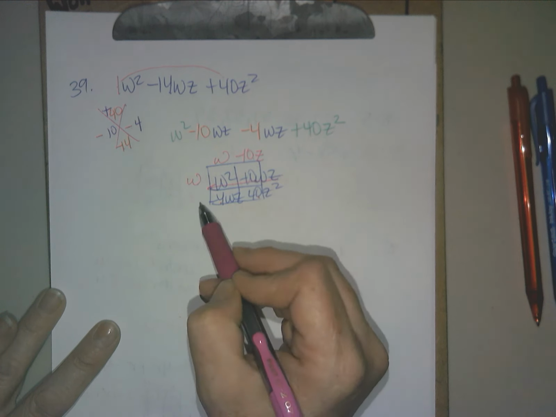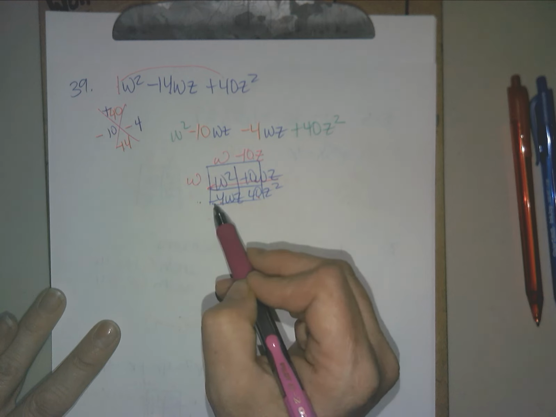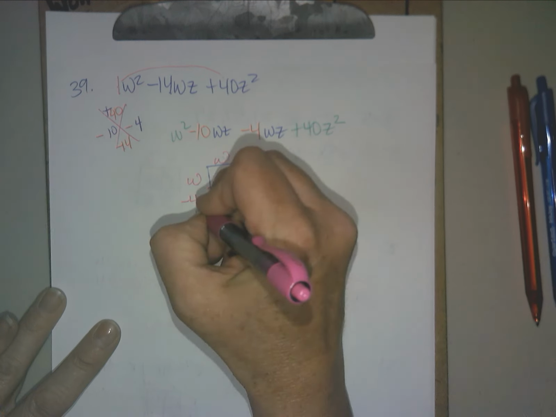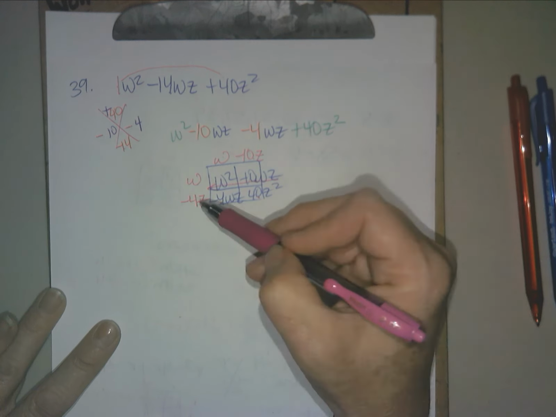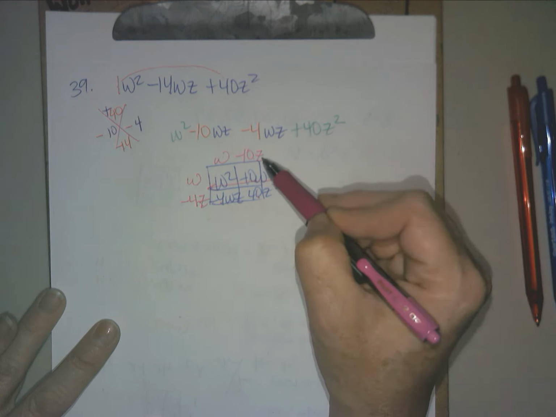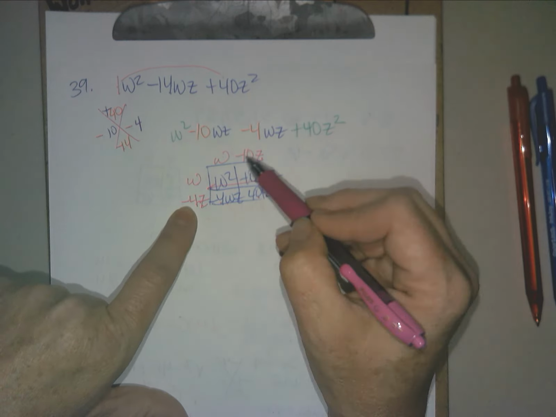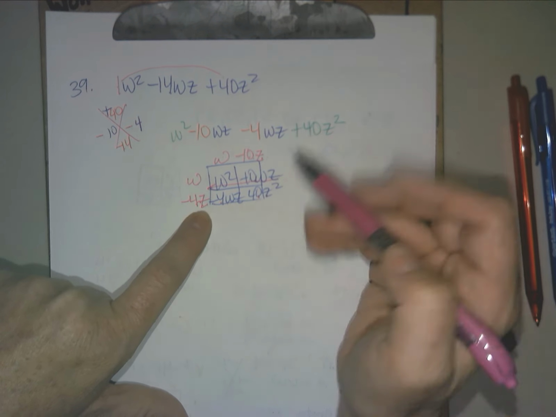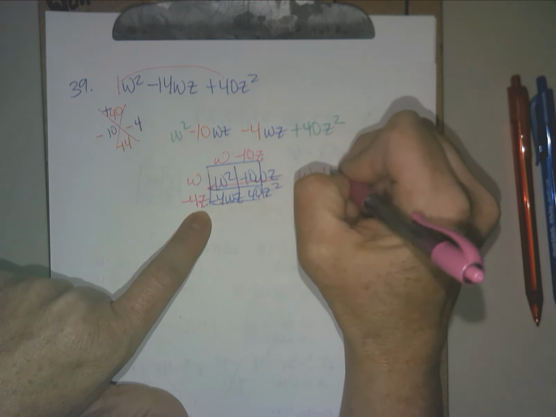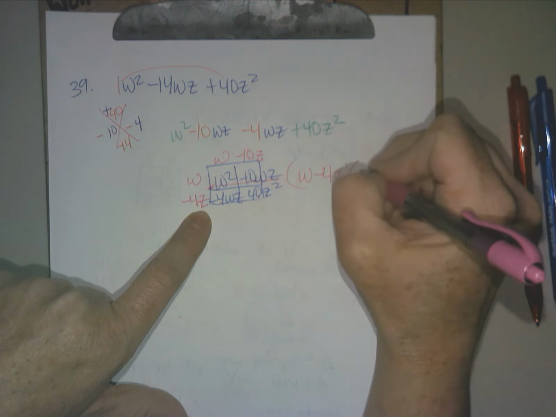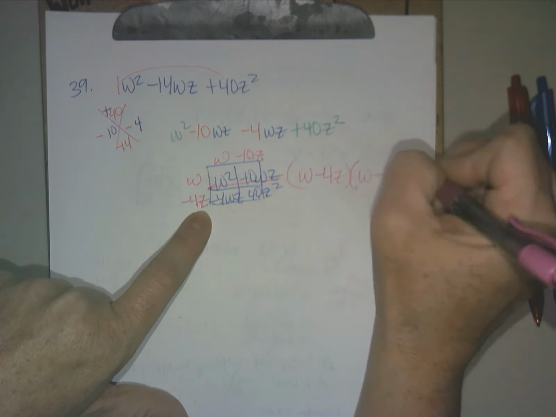And then what times W equals negative 4WZ? That would be negative 4Z. Does negative 4Z times negative 10Z equal 40Z squared? Yes, because negative 4 times negative 10 is 40. Z times Z is Z squared. So I get W minus 4Z times W minus 10Z.